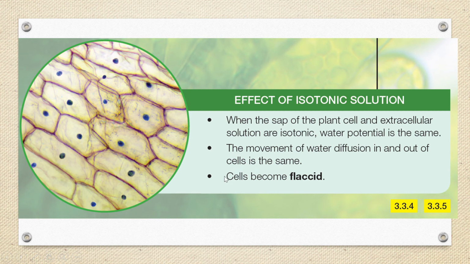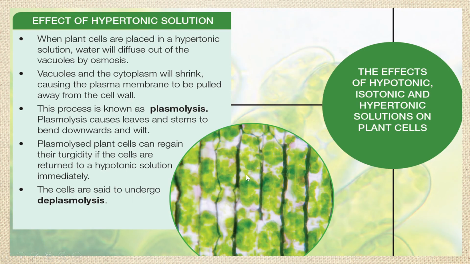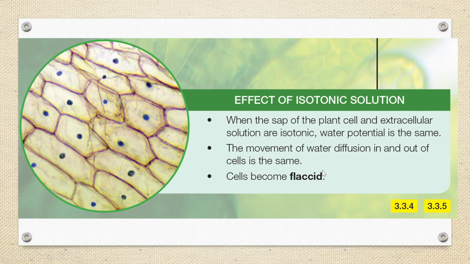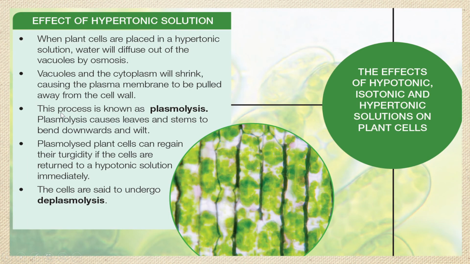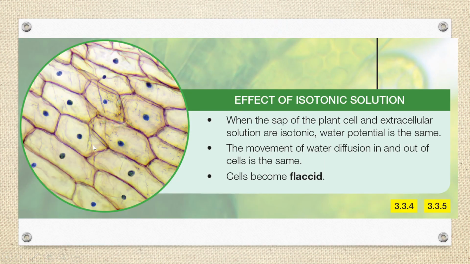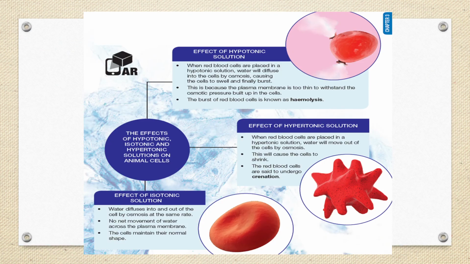In this case we use the term flaccid. You use the term flaccid, not turgid, but not to the point of plasmolysed. We say flaccid. We don't use the term "maintain their normal shape" like for animal cells.